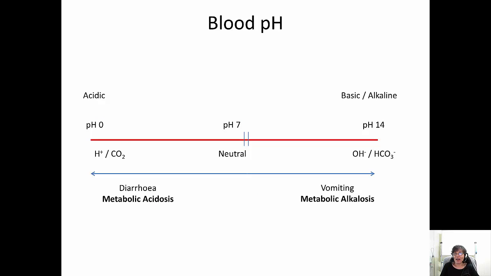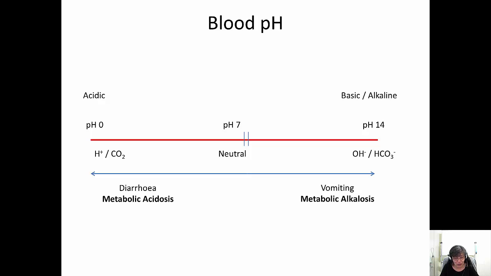Another way our body brings about pH control to make sure our blood stays within that range is through metabolic processes, particularly the kidney.